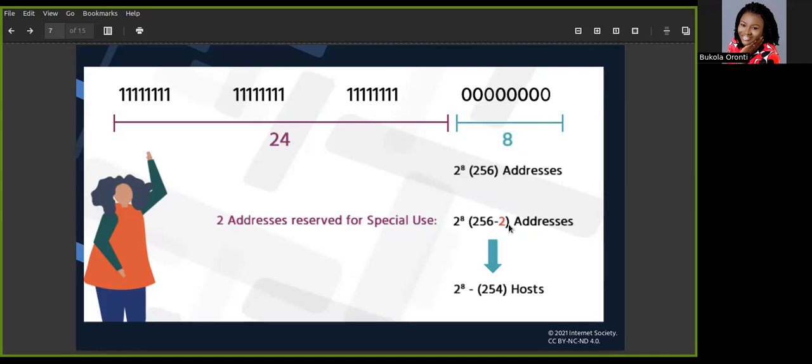The first IP is for the network, and the last one is for broadcast. So that is the reason why the -2 is coming in. So available IP addresses to allocate to hosts within these 256 simply means we have 254. The 2 that we removed, one is for the network address, one is for the broadcast.